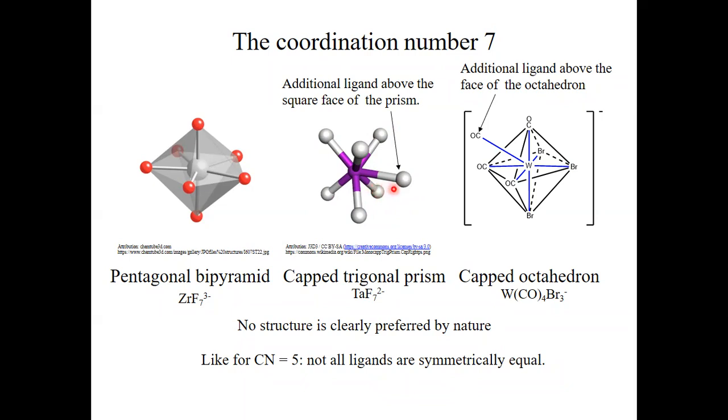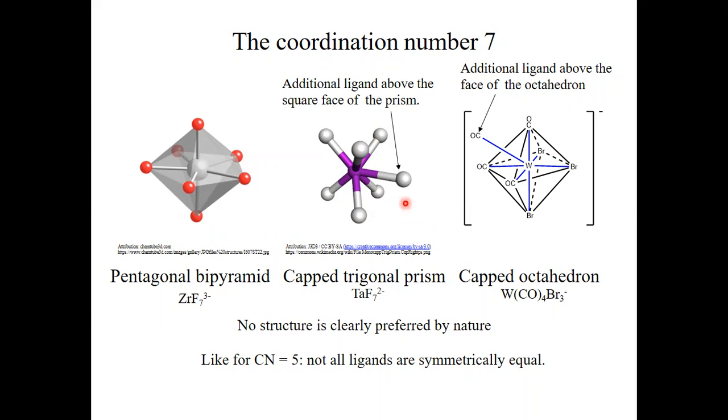So can you imagine why the 7th ligand is actually above one of the squares rather than one of the triangular faces? Can you unmute yourself? Is there like less steric hindrance if it's above the square instead of the triangle?